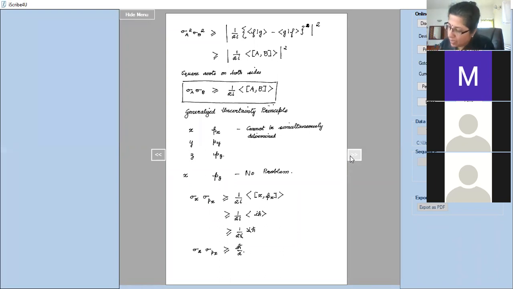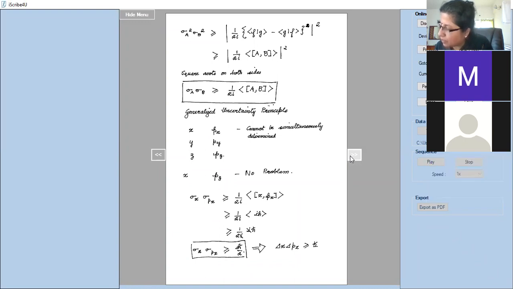Okay, this is the way you know it. Or if you want to write it in the other term, you will get delta x, delta px is greater than or equal to h cross by 2. This is a familiar thing that you know perhaps from your BSc. But this is the way we write the generalized uncertainty principle. Okay. Is this clear? Has everybody got this derivation?